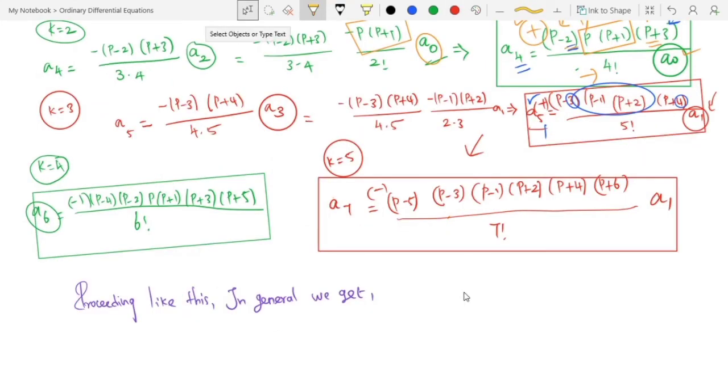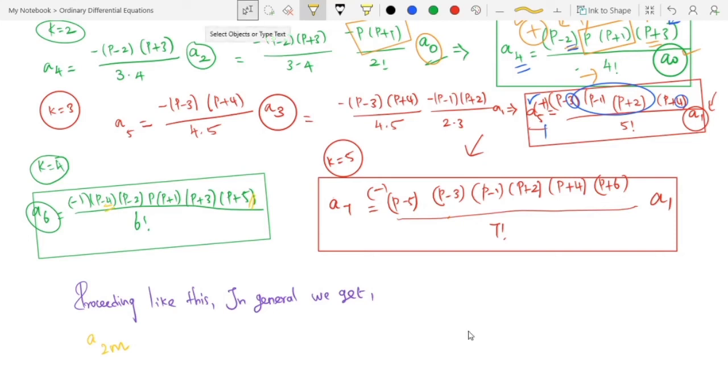Proceeding like this, in general we get a2, a4, a6. So in the general term for even numbers, that is suffix 2m. If it is 6, we have to stop with 6 minus 1, that is 5. On the left side, 6 minus 2, that is 4. After the minus, we have to replace it by 6 minus 2.